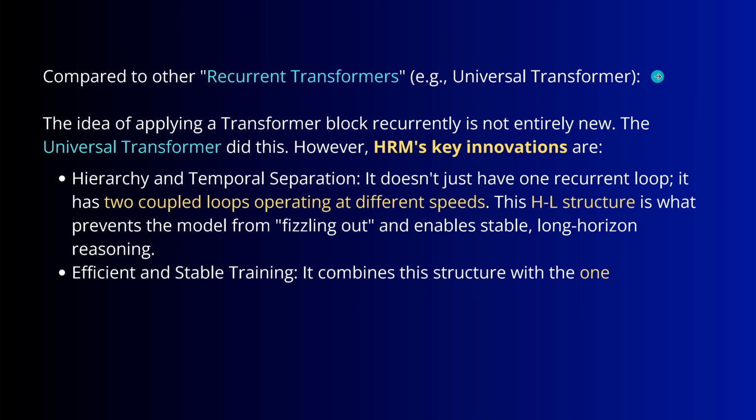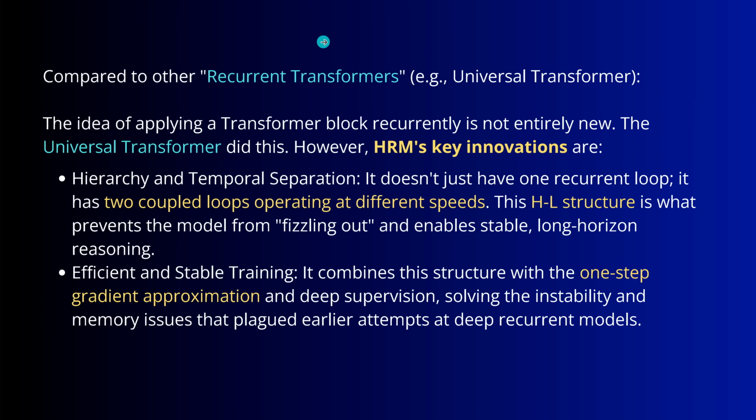Now, of course, as a subscriber of my channel, you know we already had this, no? The universal transformer, which was a recurrent transformer architecture. So the idea of applying a transformer block recurrently is not entirely new. The universal transformer did this. However, comparing HRM to the universal transformer, I want you to understand that there are 2 main differences.